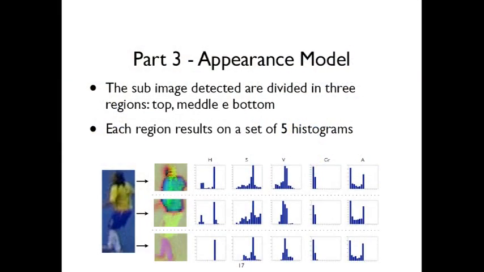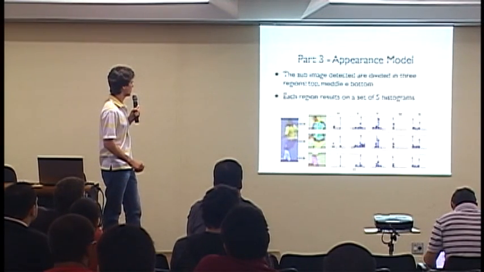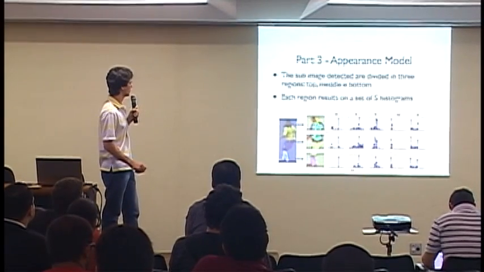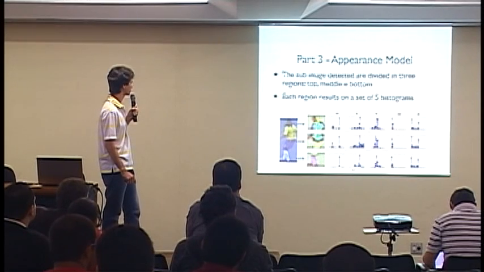Our appearance model has a set of histograms, and we use a detected sub-image here. These images are divided into 3 parts: top, middle, and bottom.